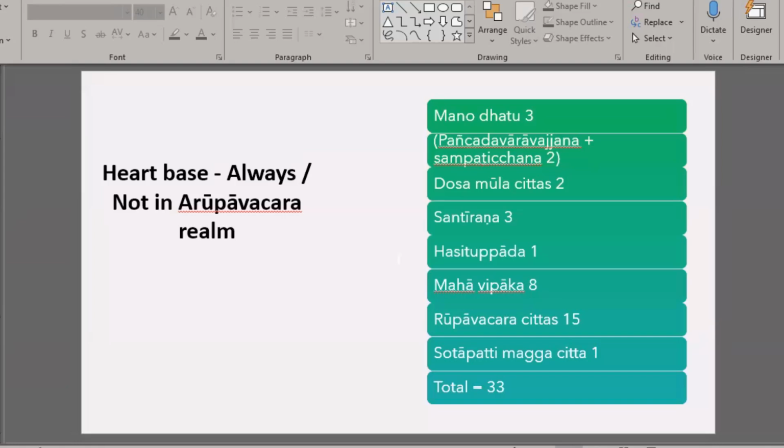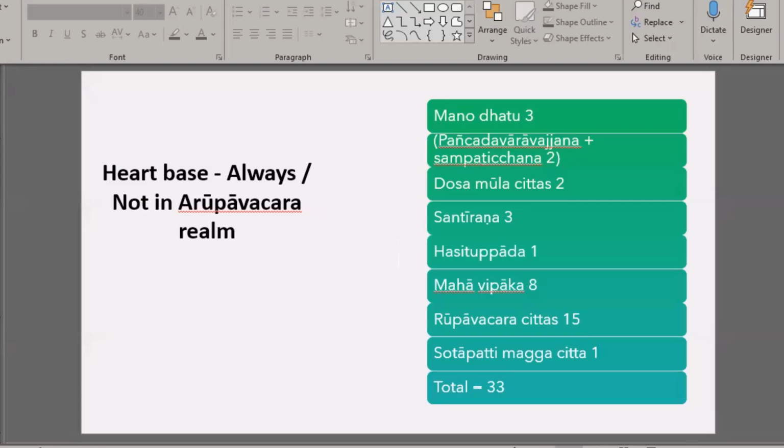Also, when Rupavachara Brahmas develop their Rupavachara jhanas, those chittas always depend on the heart base. Therefore, you have to memorize these things, because when we come to find out the chittas that arise for those individuals separately, we need this knowledge again.